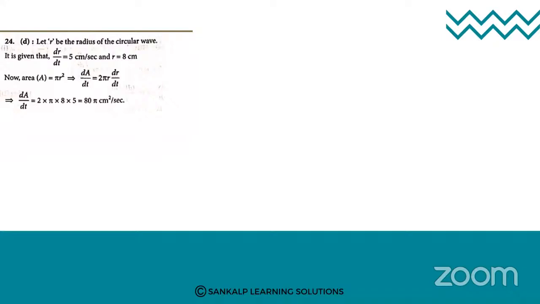In question 24, a stone is dropped into a quiet lake and waves move in circle at 5 centimeter per second. At the instant when the radius of the circular wave is 8 centimeter, how fast is the enclosed area increasing?